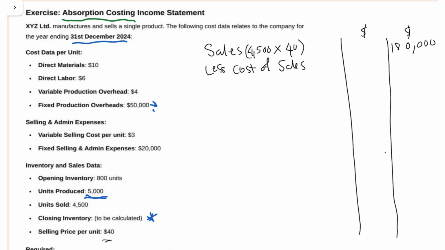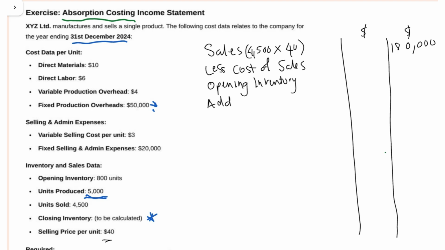And in your normal statement you always have sales less cost of sales, then you have your opening inventory. Now this is where I'll give you different methods of doing it. You can either say opening inventory, then add your cost of production.